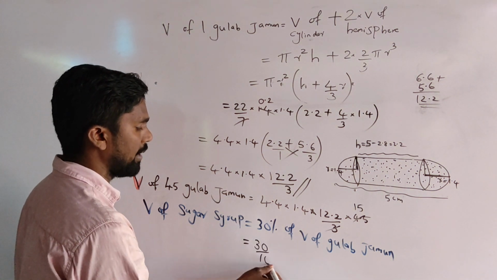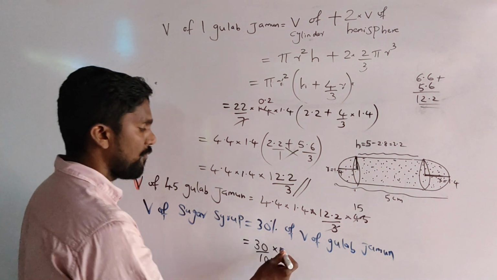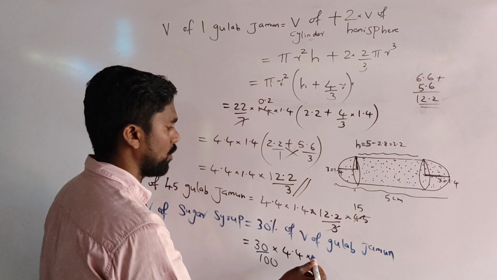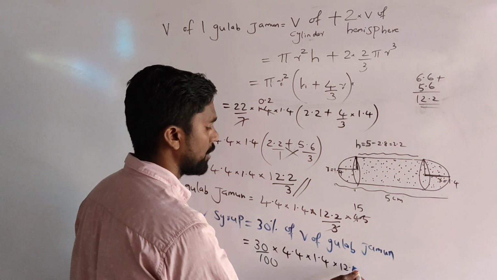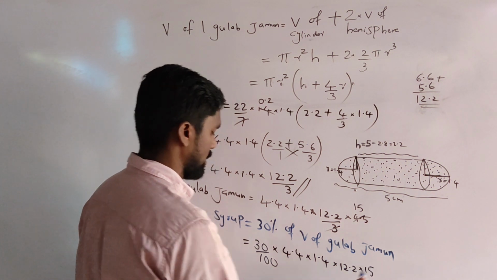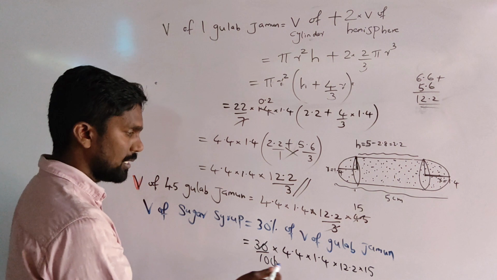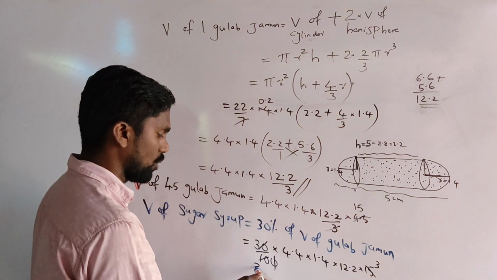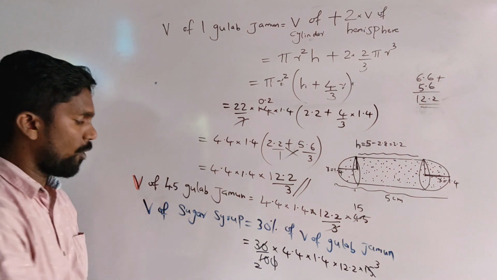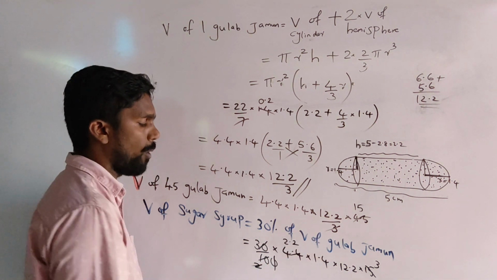That is equal to 30 by 100 into, of means into, 4.4 into 1.4 into 12.2 into 15. The 0 is cancelled. So with this 15, here 3 will come, here it is 2, and 2 and 4.4 gives 2.2.